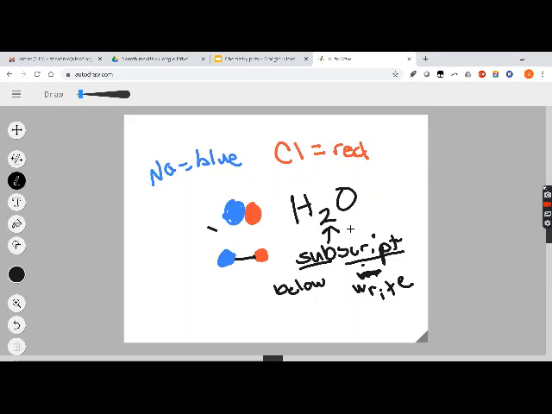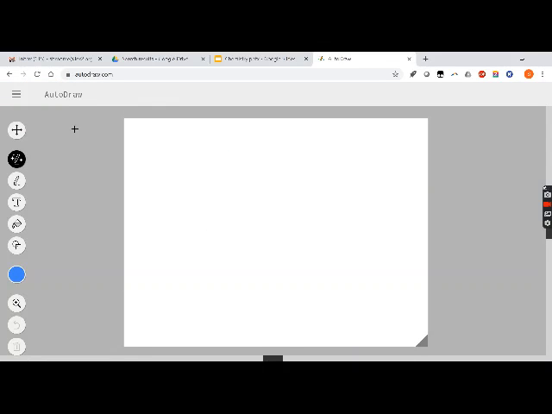So what is the subscript number in H2O? The answer, of course, is 2. Let's see if we can figure out what a subscript is for something like this. Where are the subscript numbers?